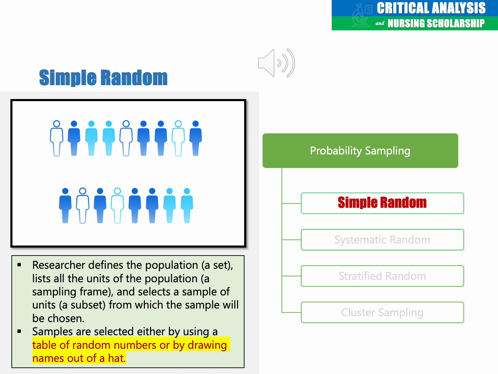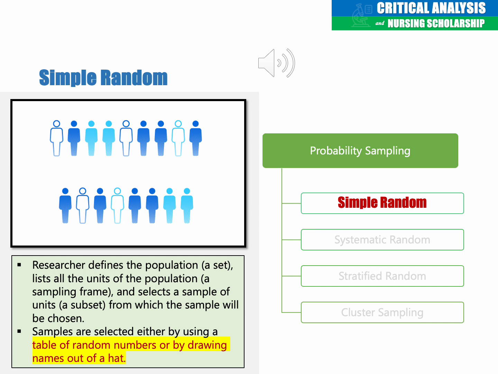One of the biggest strengths of simple random sampling is that because this involves random selection, it minimizes selection bias. However, one of the limitations of simple random sampling is that it can be time consuming, especially if you are planning to include a large population.